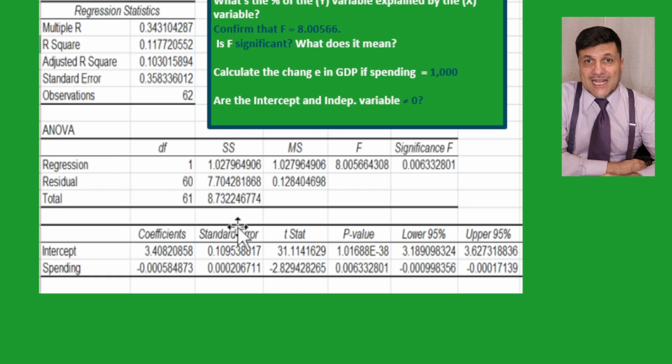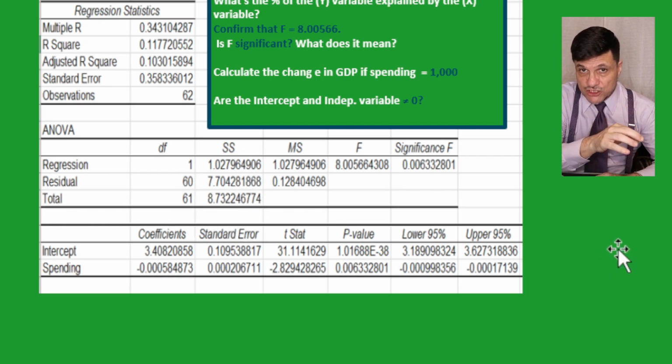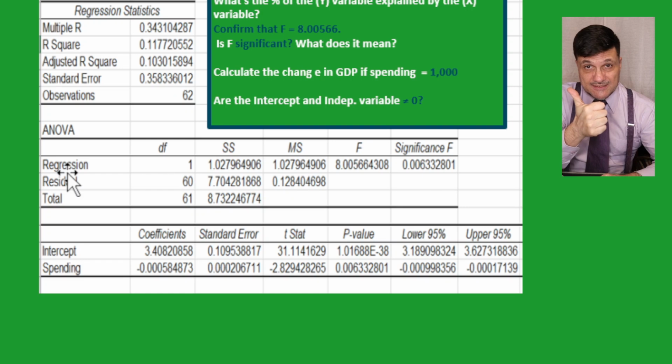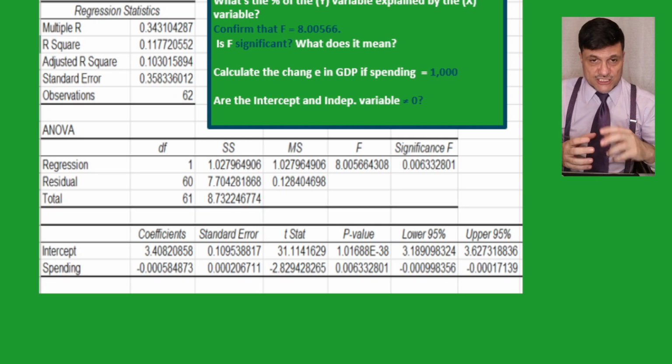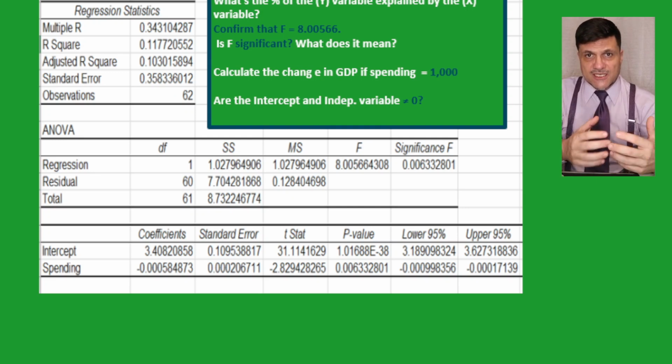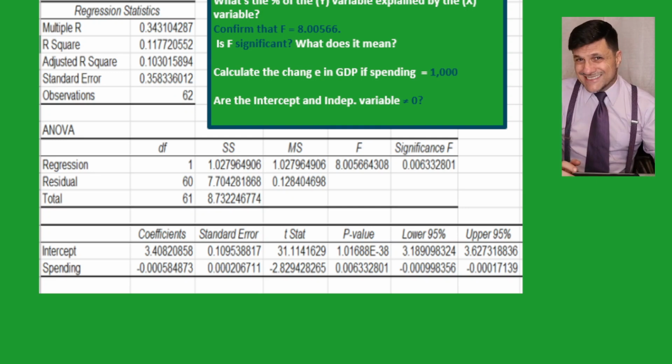If the larger amount of variance comes from the regression, that's a good sign. That means that the variance is being caused by the change in x. Right? The change in the independent variable is changing my dependent variable. That's exactly what I want.